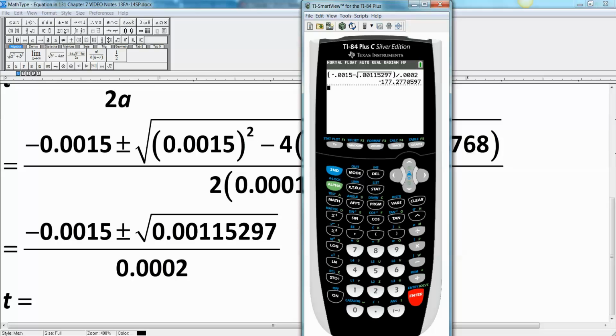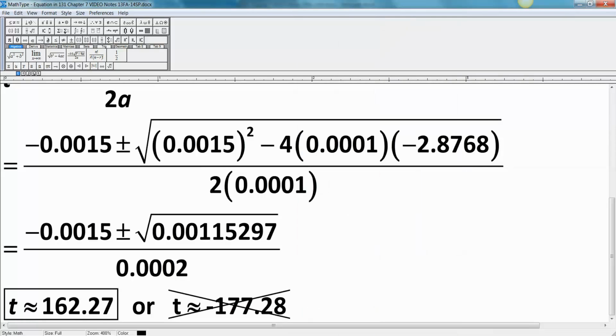Enter. So there's the negative one, and then I do second entry again, and all I have to do is change that one minus sign to a plus sign, and it's the same problem as before. Plus. Enter. So I get 162 and negative 177. Okay, so t is 162.27. We're going to scratch off the negative one because that doesn't make any sense.